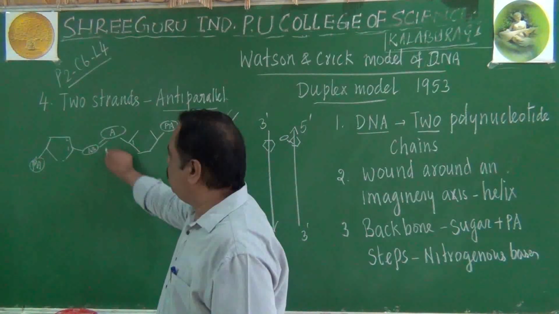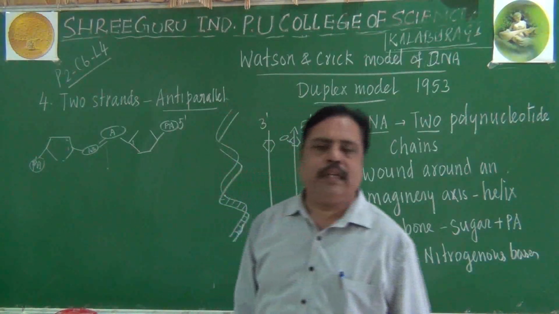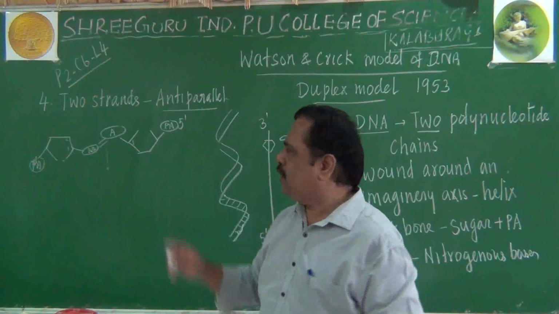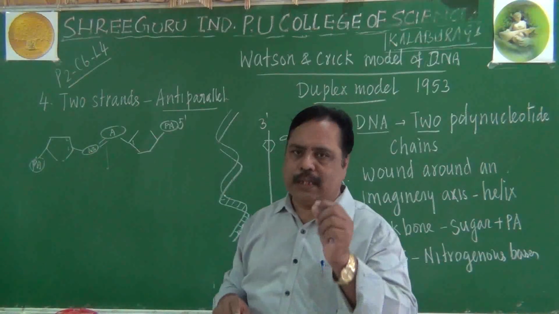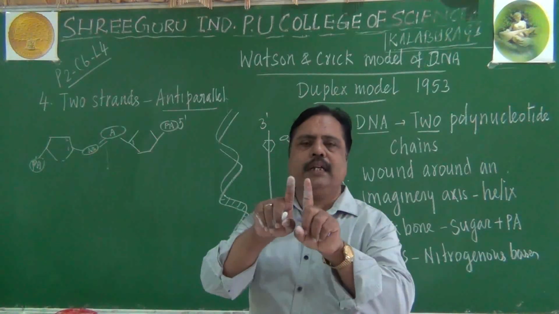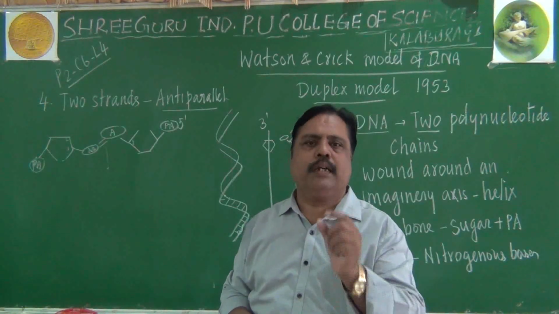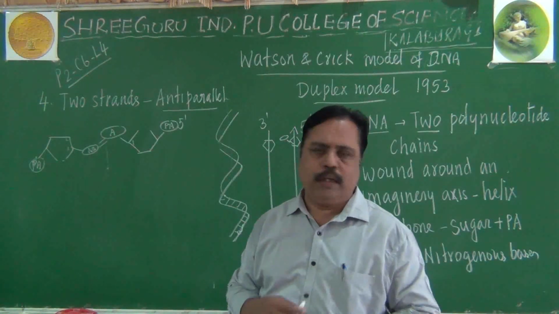So the two chains will become unstable if at all they are parallel. Are you understanding my point? Very important point. If the two chains are parallel, DNA will become unstable. That's why they proposed an idea that it is an anti-parallel molecule.